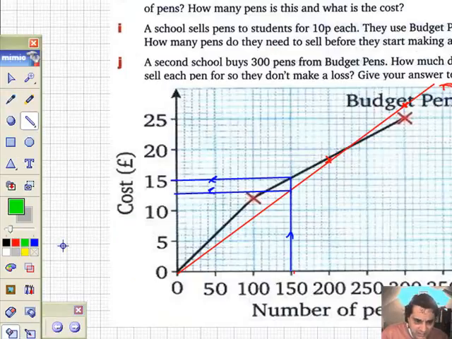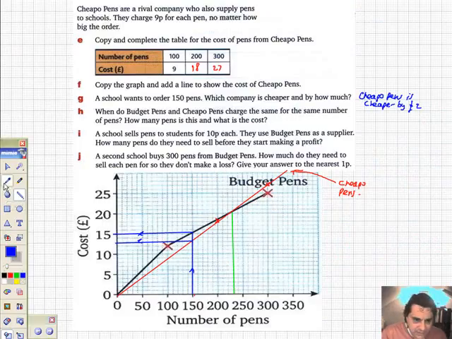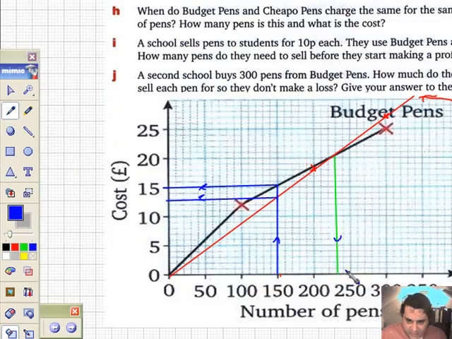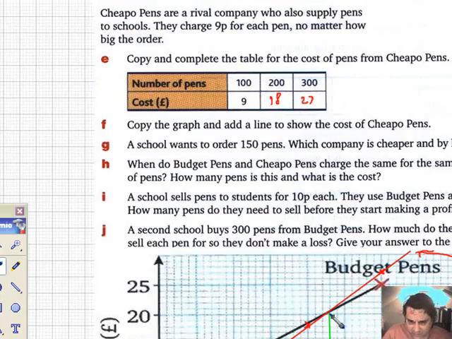Let's go green, the best place to plant this is about here. Anyway, I think if I do that and read down, read the question again. When do Budget and Cheapo charge the same? Okay, they charge the same. The charge is about £20 from what I can see.